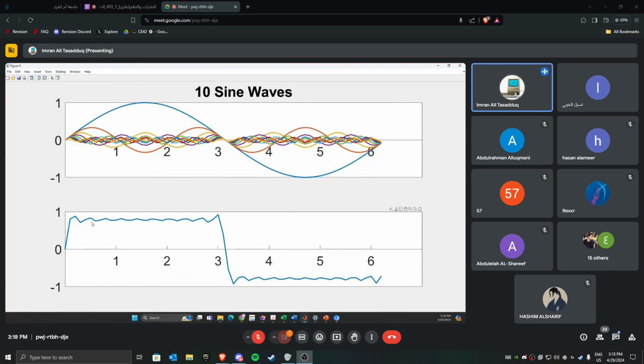See here, this ripple is decreasing, right? It's becoming a straight line as we add more sine waves. And ideally speaking, if you add infinite sine waves, it's going to be a perfect square wave, right? See here.